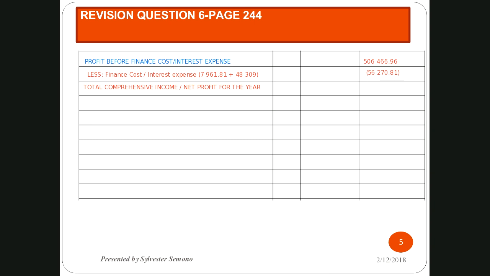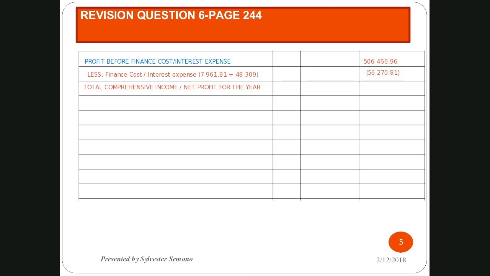Yes, can you see? When we started with the statement of changes in equity, we said let's estimate the profit for the year. So now the profit that we're supposed to use is this amount of 450,196. If you go back to the statement of changes, wherever you see that, I estimated 800,000 rand because I did not have the profit yet.